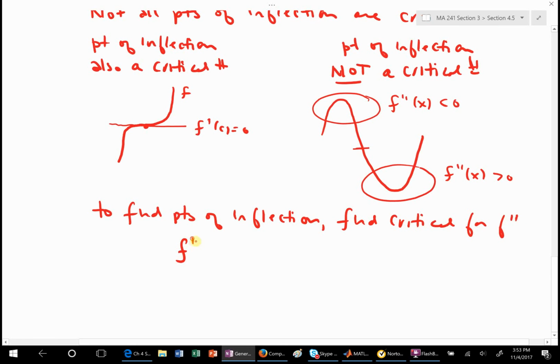In other words, I'm going to take the second derivative, set it equal to 0, or see if there are values that make the second derivative not defined. Almost always it'll be the former. It's very rarely the latter. If the second derivative doesn't exist, it's probably something beautiful about the first derivative. And those are the steps.